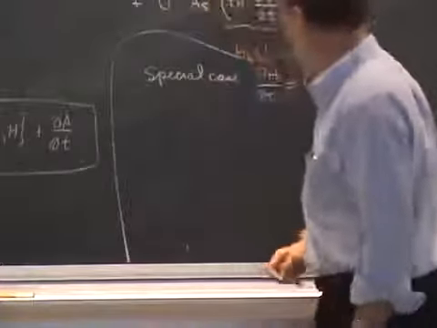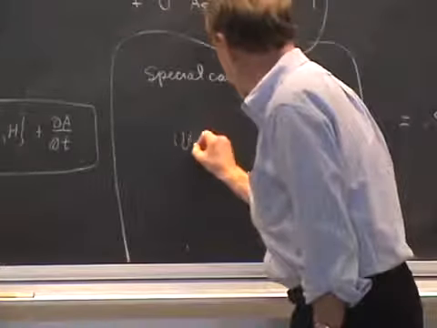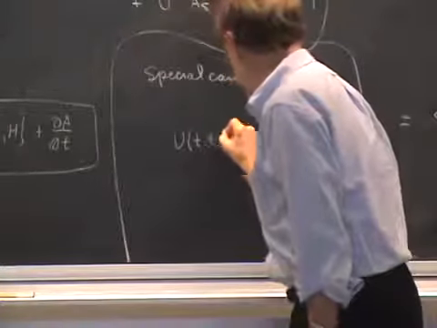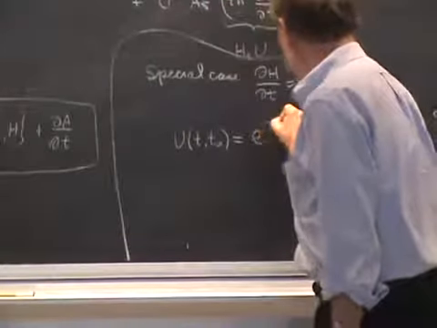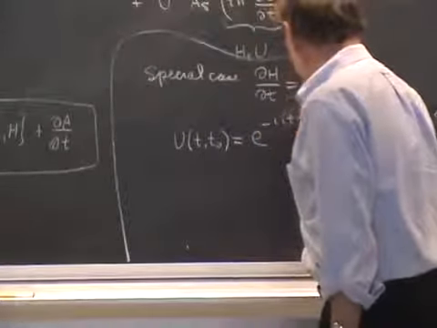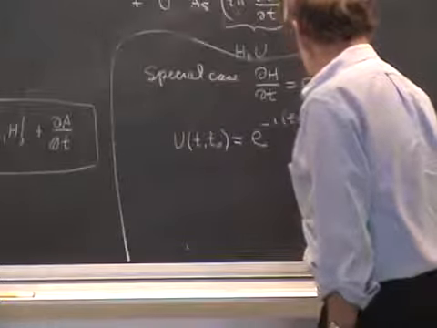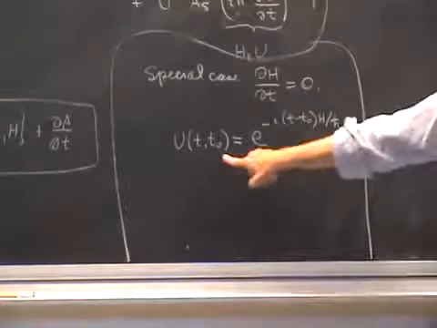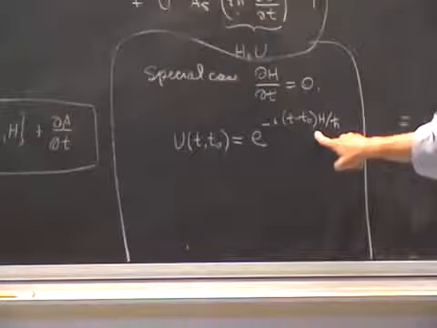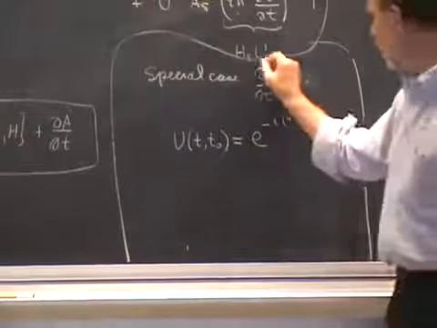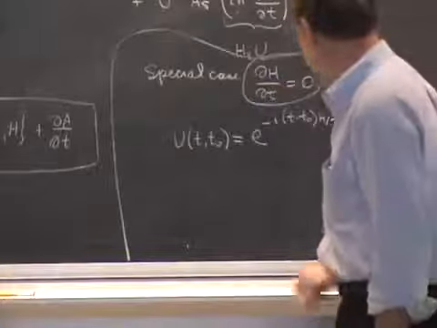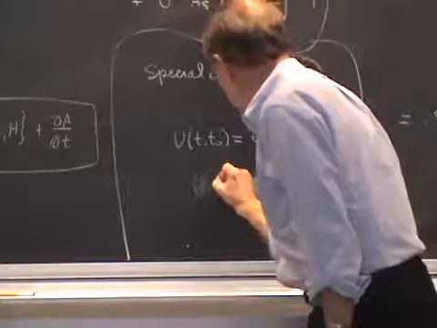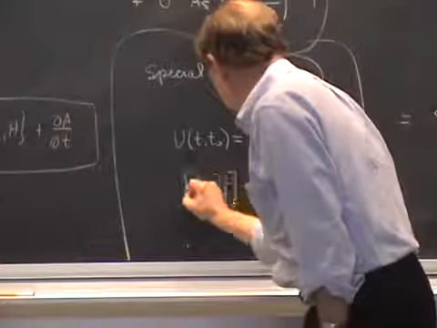Because in that case, the unitary time evolution operator, U of t comma t0, as we've seen, is e to the minus i, t minus t0 times H divided by h bar. And the main point I want to make is this operator U is now a function of H. And so in the special case in which the Hamiltonian is time independent, the operator U commutes with the Hamiltonian.